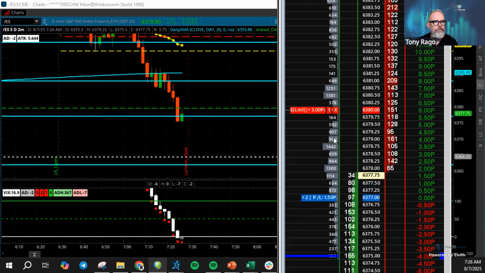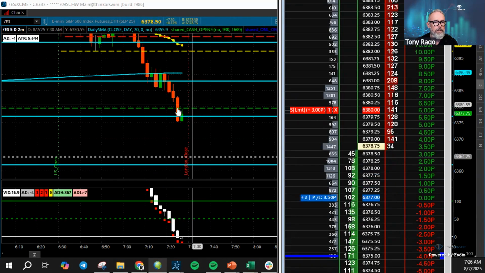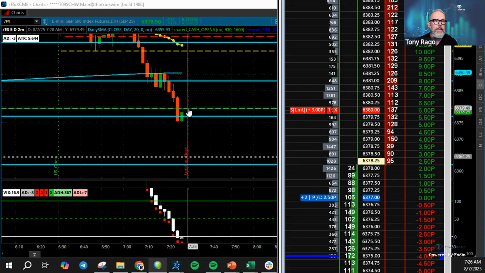They're trying. This 2-minute candle needs to close above this 80 here. We should get a test of 80. Will we get filled there? I don't know. We need a higher high real quick here. There we go.